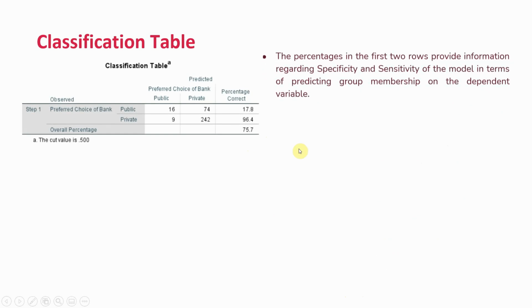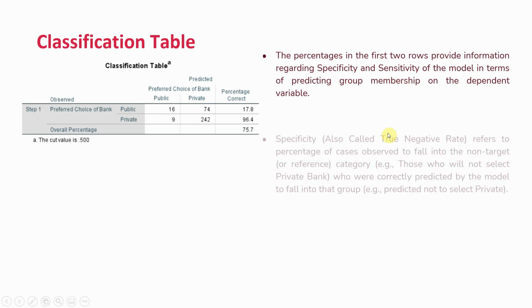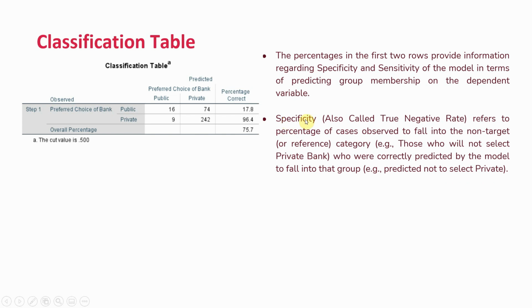Moving on, the percentages in the first two rows here, this one and this one, provide information regarding the specificity and sensitivity of the model in terms of predicting the group membership on the dependent variable. Now, specificity, also called the true negative rate, refers to the percentage of cases observed to fall in the non-target or reference category, those who will not select the private bank, who were correctly predicted by the model to fall into that group.